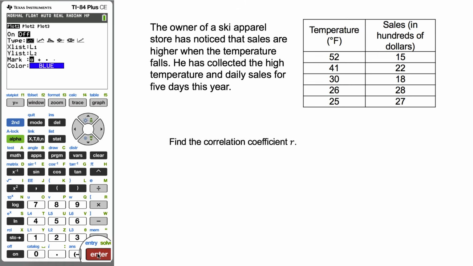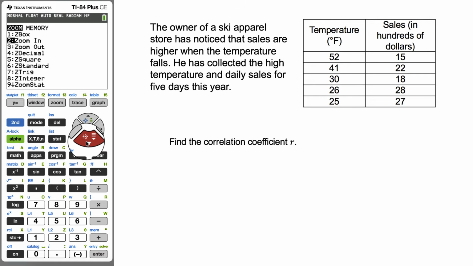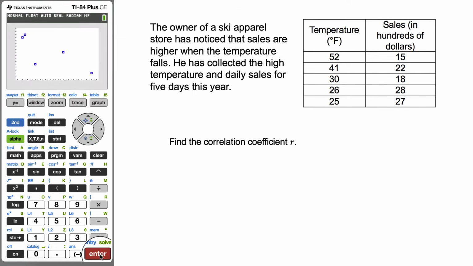So we'll press enter to turn plot 1 on, and then we'll press graph. From the default view, we can't see our points, but if we press zoom and go down to zoom stat, and select that, we can see the scatter plot of our points. What we're noticing is it looks like there's probably a negative trend.